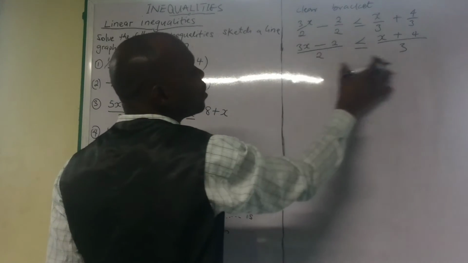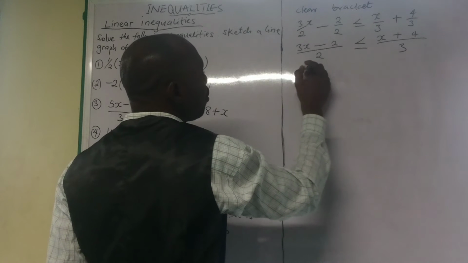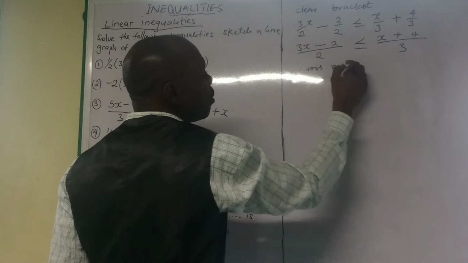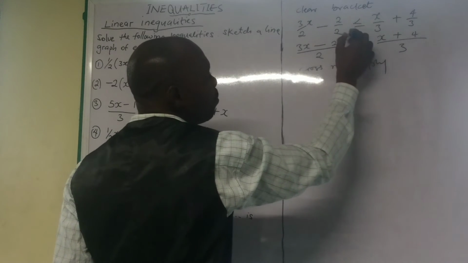Then we need to cross multiply. Let me put the symbol here.